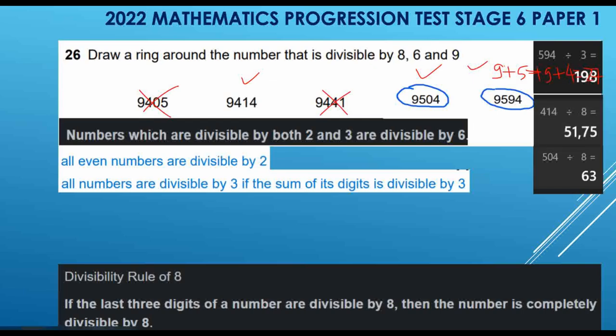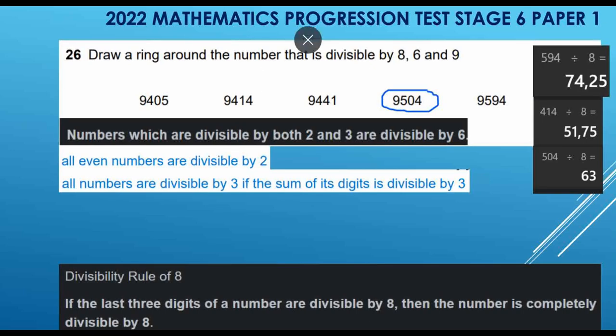And we have 414, also divided by 8. Oh, sorry guys, there has been a mistake. 594, the last 3 digits, when divided by 8 is a decimal, not a whole number.